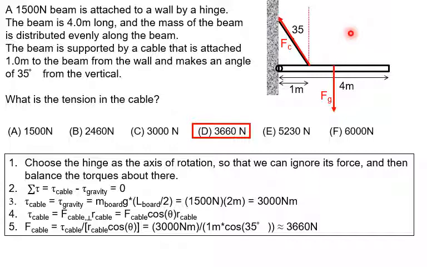Now, please do not memorize just this specific problem. Use this as a way to learn the problem-solving steps for torque. So remember, we choose or are given an axis of rotation. We then solve for the individual torques that are involved.